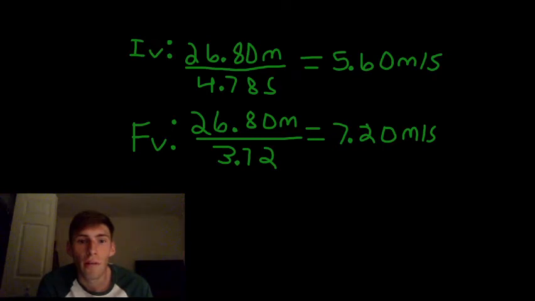This was a 55-meter dash, so it was 26.80 meters over 4.78 seconds, which is the first half of the race. So my initial velocity was 5.60 meters per second. And then my final velocity was 26.80 meters over 3.72 seconds, which was 7.2 meters per second.